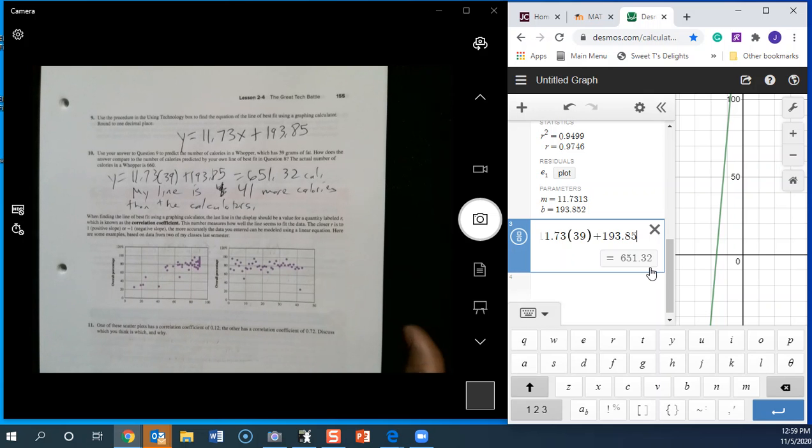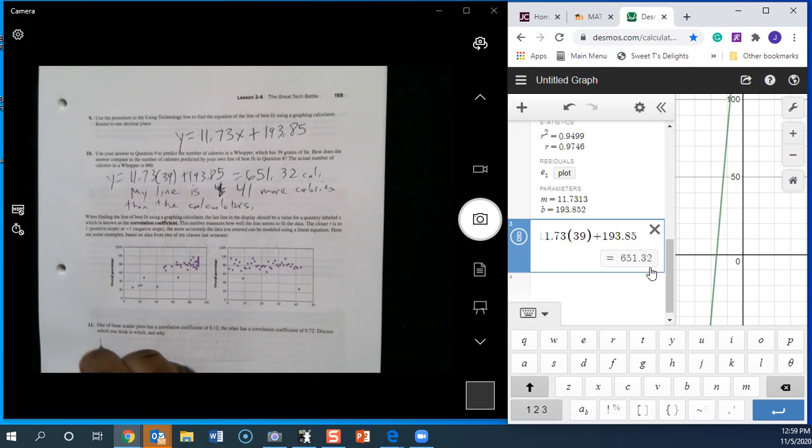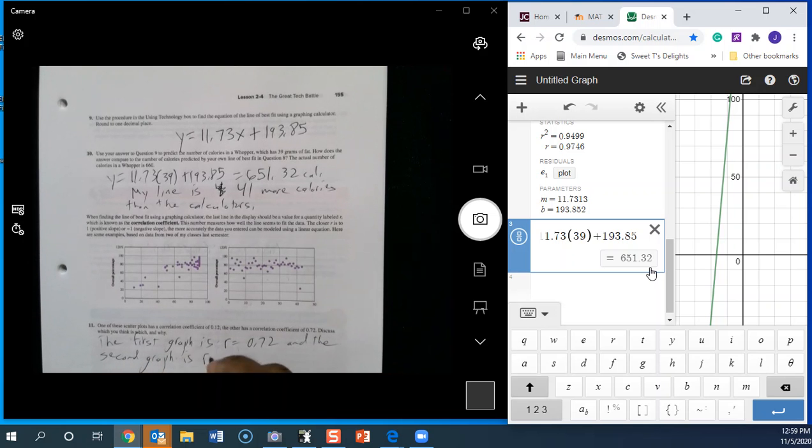So we could say that the first graph is R equals 0.72, and the second graph is R equals 0.12.